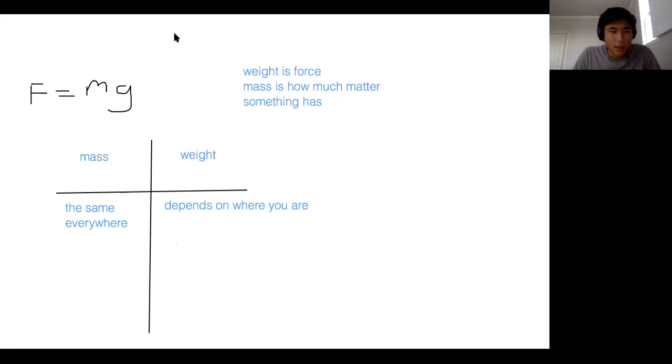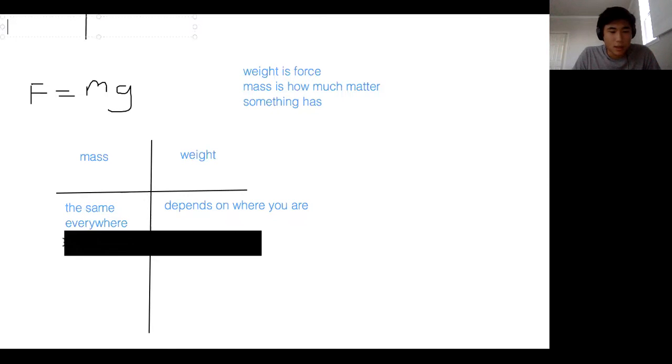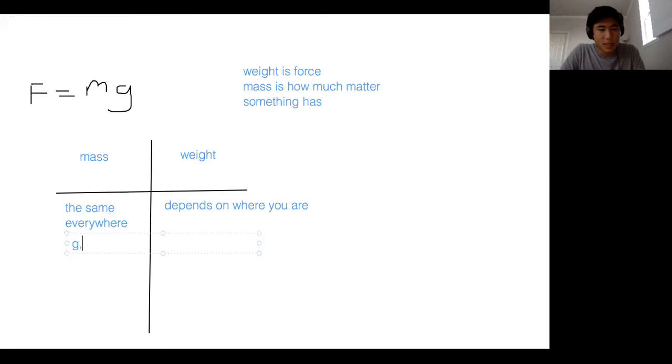And some examples of units for mass are grams and kilograms. There are other things, but that doesn't really matter right now. And then weight uses things like newtons, which is a measure of force, and pounds, and other things like that.